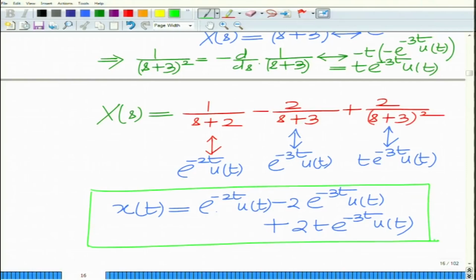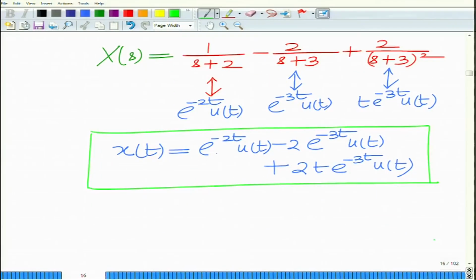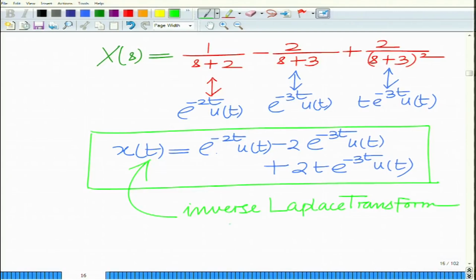So, this is x(t), which is the inverse Laplace transform of x(s).